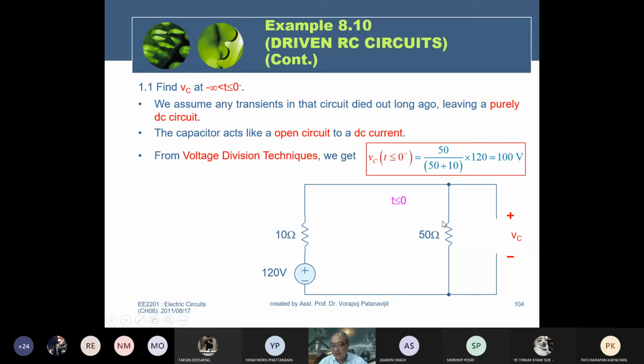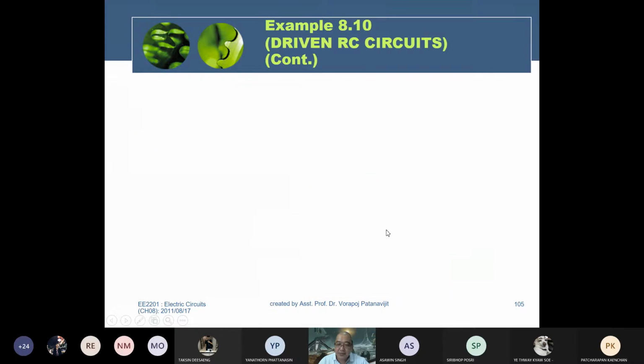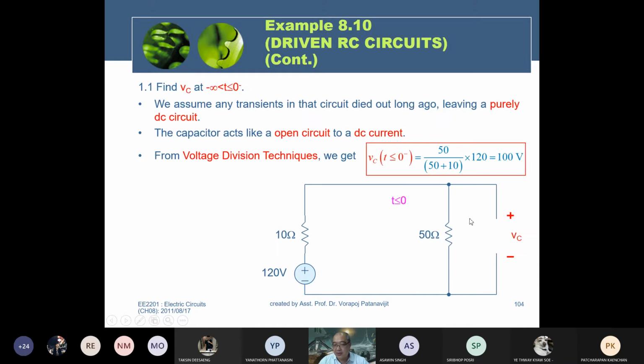V50 equals 120 multiplied by the resistor connected to it, 50, divided by the sum of the two resistors. Now it equals 100 volts.